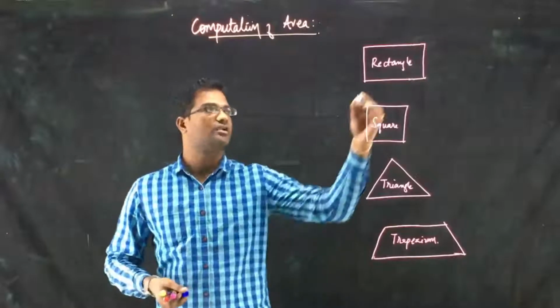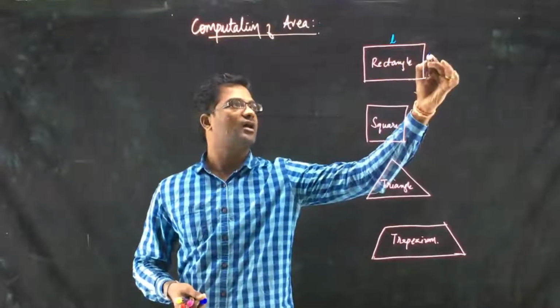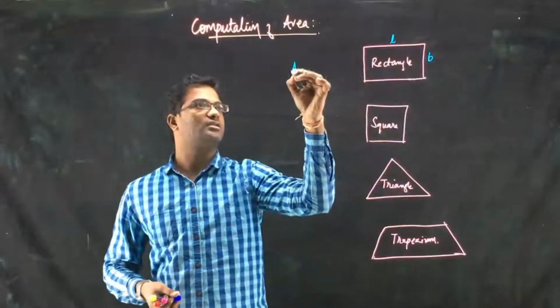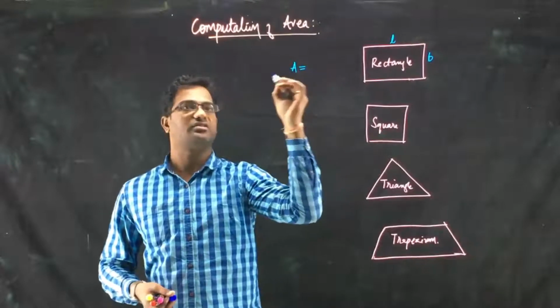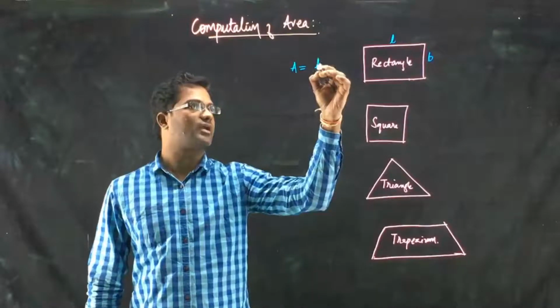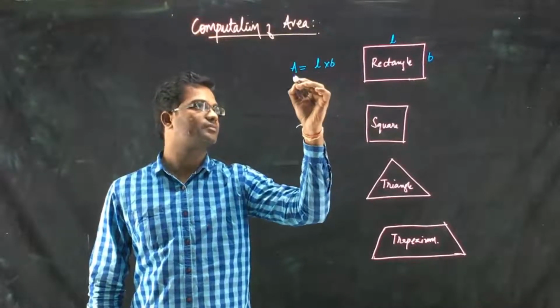simple figures. If you know the length and breadth, the area, represented with A, is given by length times breadth.